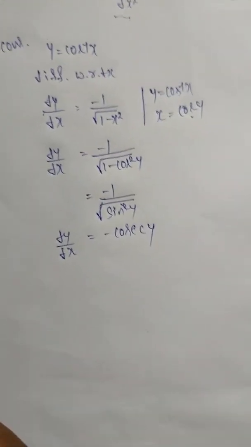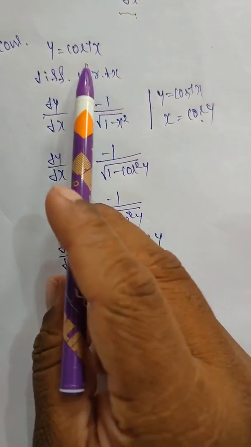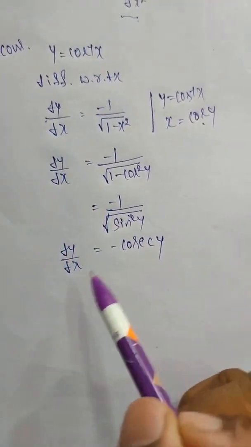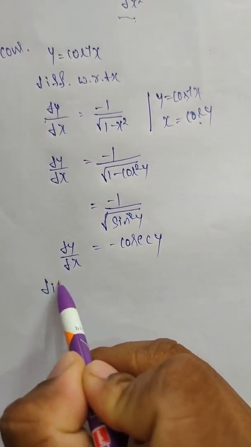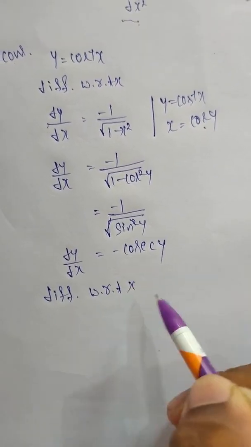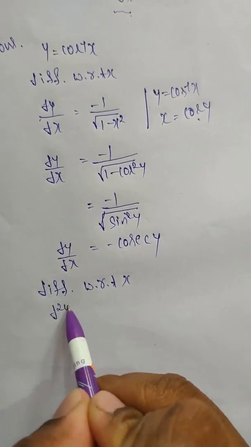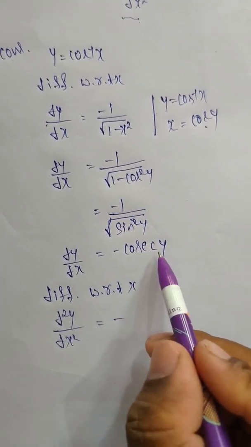Is it clear? Now see here, we were writing the equation in the form of x, but we are rewriting it in the form of y. Now again differentiate with respect to x. Now d square y by dx square is equal to minus, what is the differentiation of cosecant y?